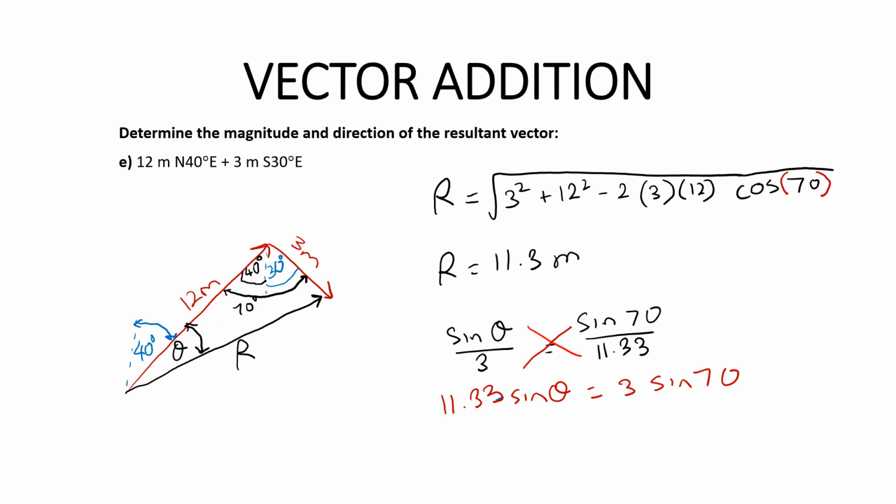Because I don't have space, I will just make theta the subject. So theta equals sine inverse of 3 sine 70 over 11.33. Again, when you press sine, the calculator opens a bracket, so you need to close that bracket. So the value of theta is 14.41 degrees.